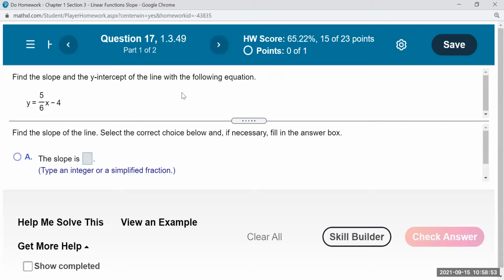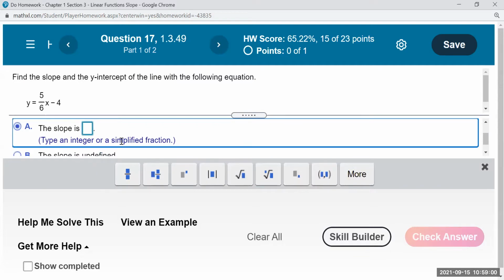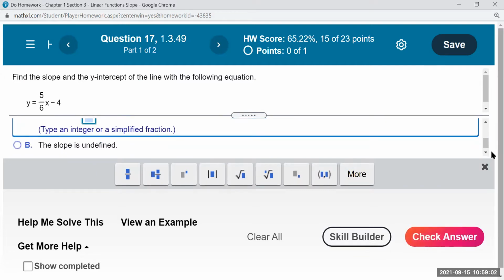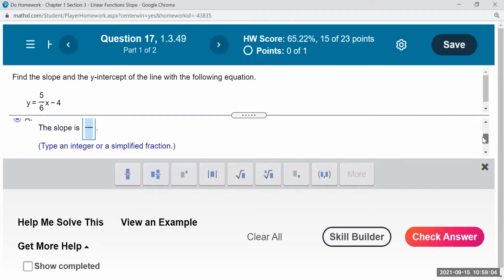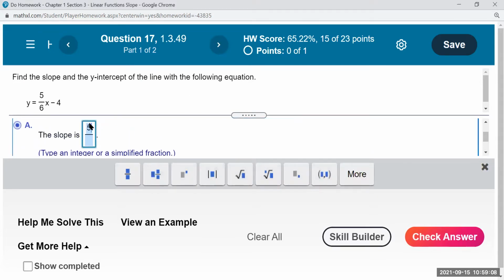What's the slope and what's the y-intercept here? Five over 6 is the slope. Very good. And what's the y-intercept?